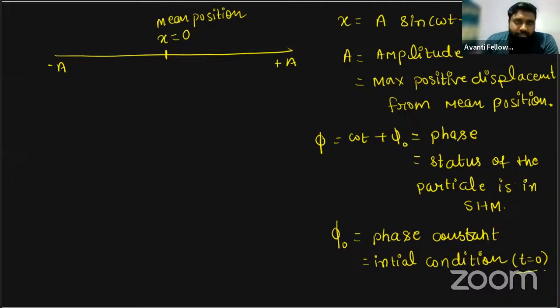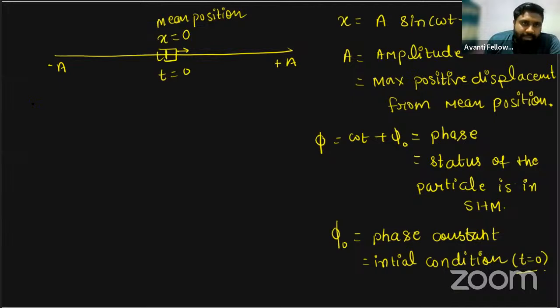Now, if you take this equation and take phi naught as 0, it is because at t equals 0 the particle, or this block, is at x equals 0, executing SHM and moving towards the positive direction.